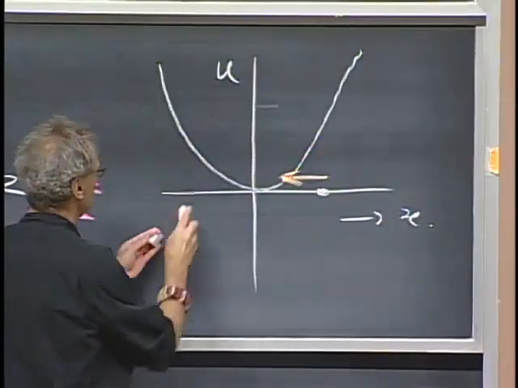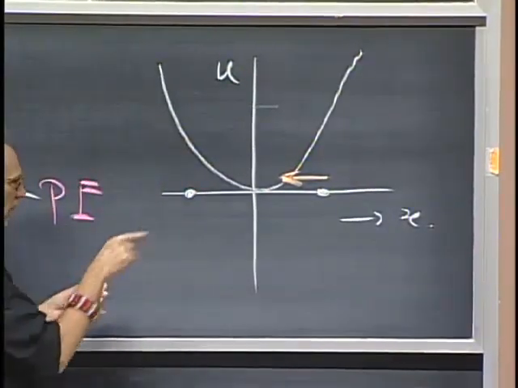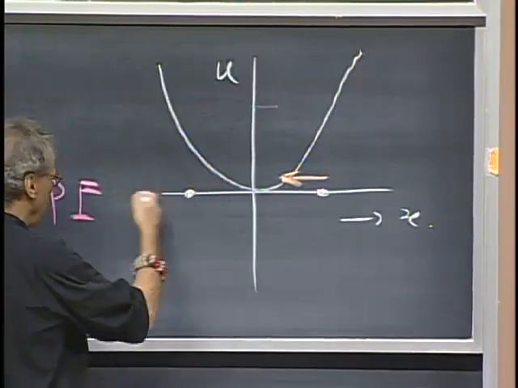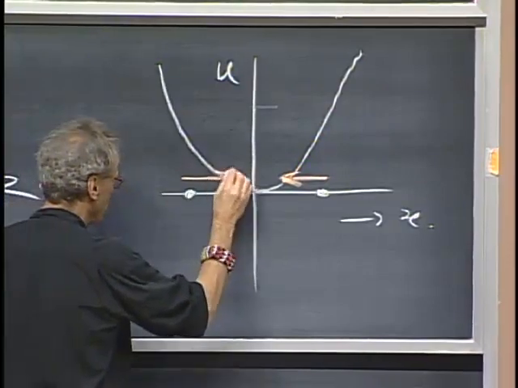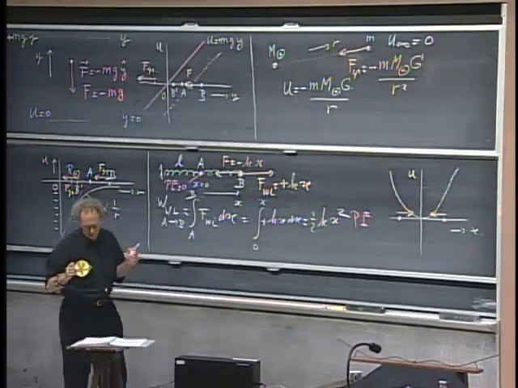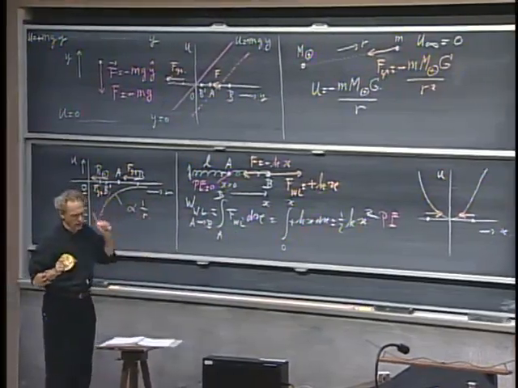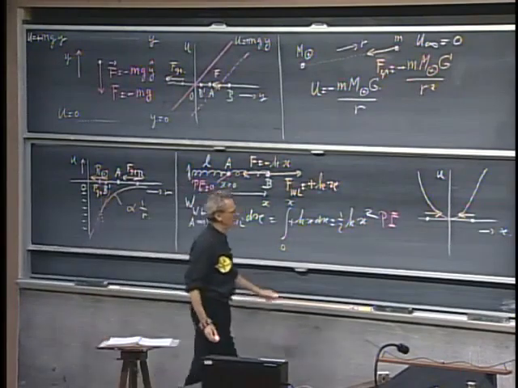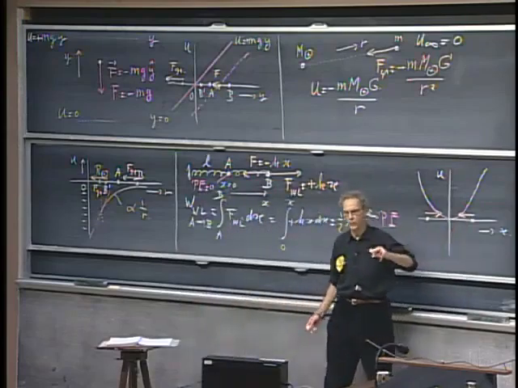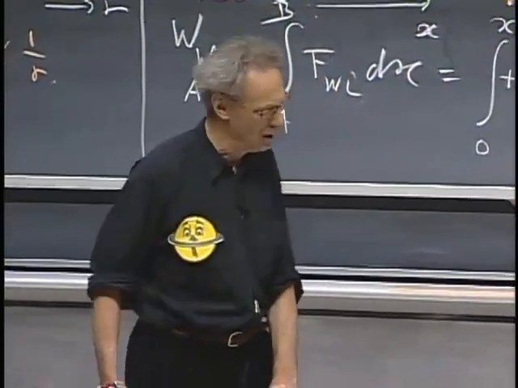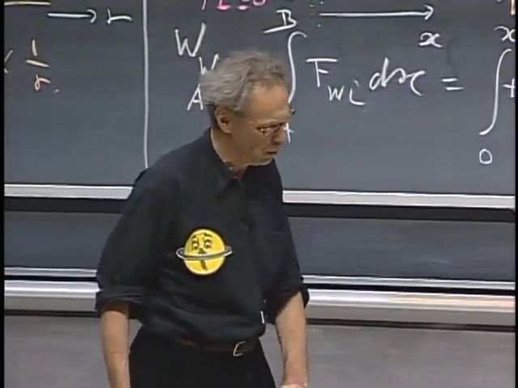Increasing potential energy is in this direction, so the force is in this direction. You see, it's a restoring force. The force is always in the direction opposite to increasing potential energy. If you release an object here at 0 speed, it will therefore go towards lower potential energy. The force will drive it to lower potential energy.